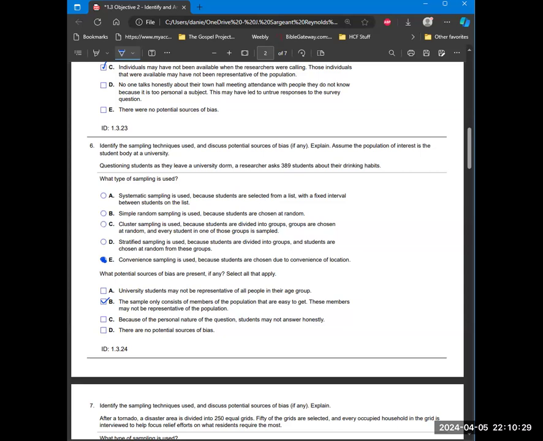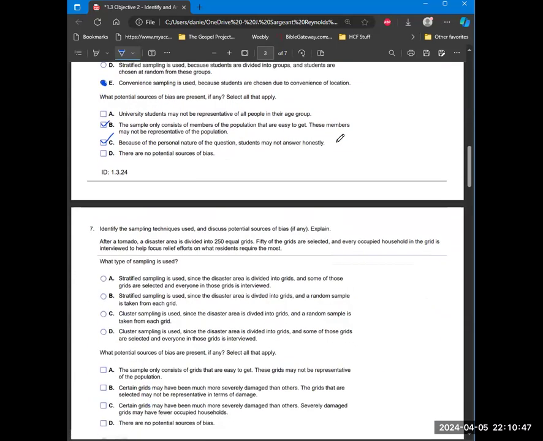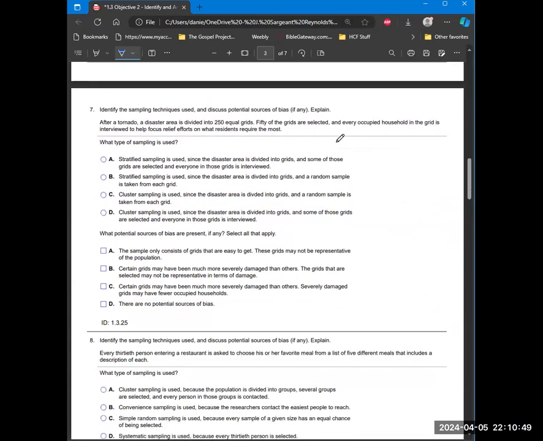But then there are different types of housing situations even on campus, and you're only asking one dorm. There's also an issue with the personal nature of the question, that students may not answer honestly. So that could be a potential source of bias. Let's look at number 7 here.